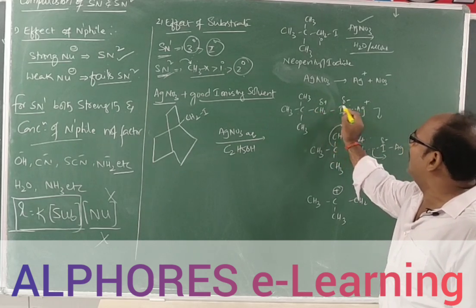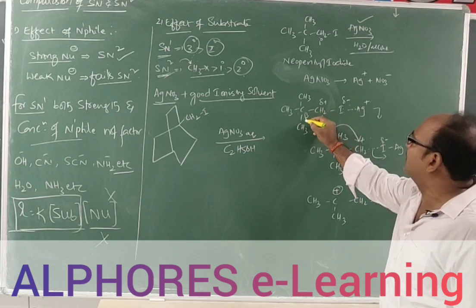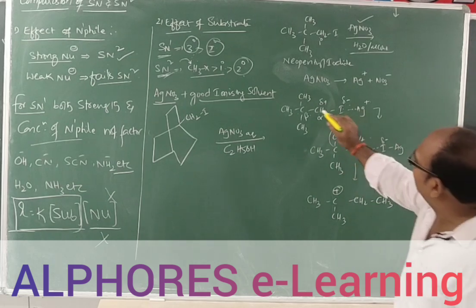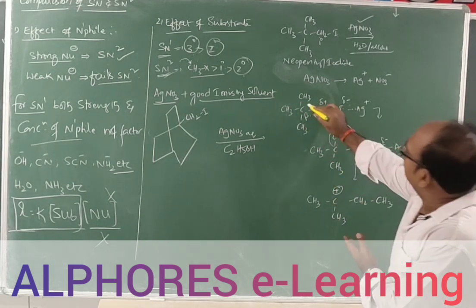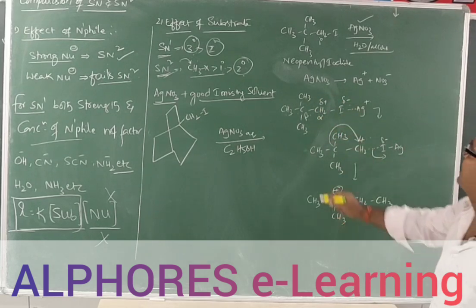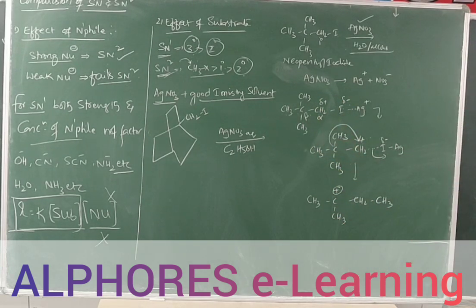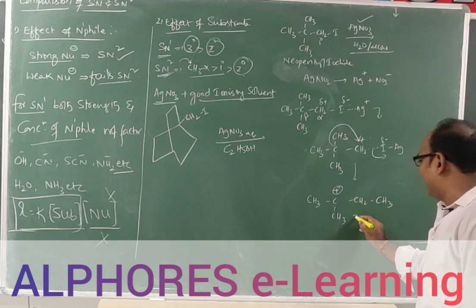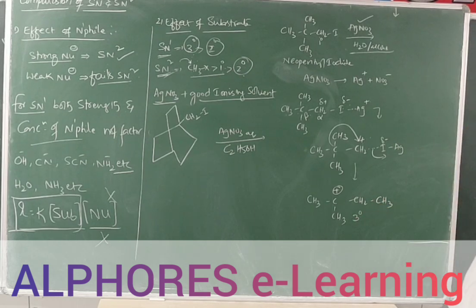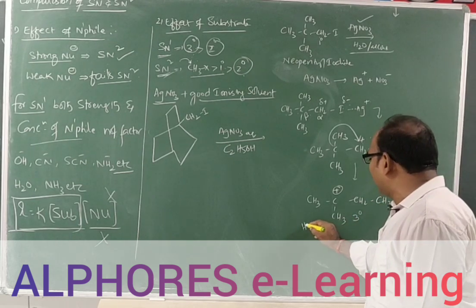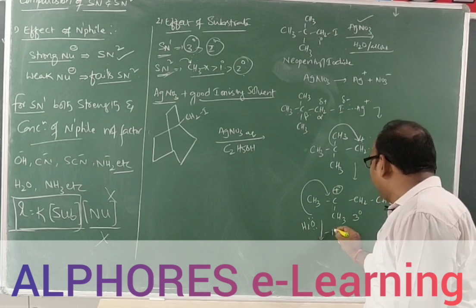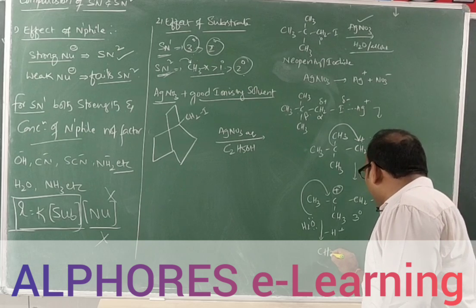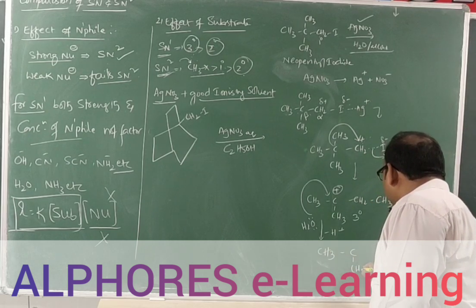With respect to this leaving group, this carbon is alpha and this will be beta, and the adjacent carbon consists of electron-rich groups. That's why this group migrates from the beta carbon to the alpha carbon. As a result we get a tertiary carbocation. On this tertiary carbocation, a water molecule acts as a nucleophile. It attacks, and later deprotonation takes place. The final product we get here is a tertiary alcohol.